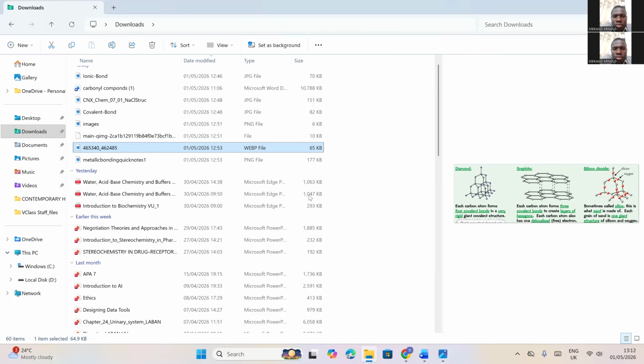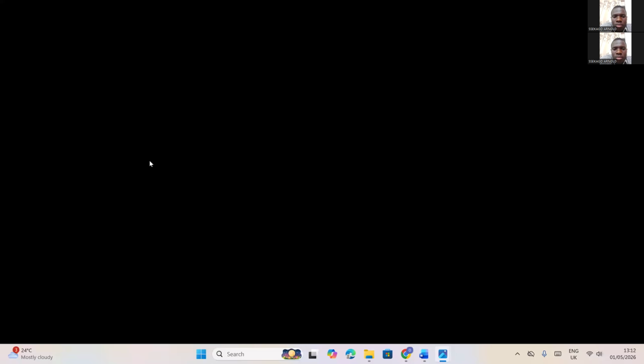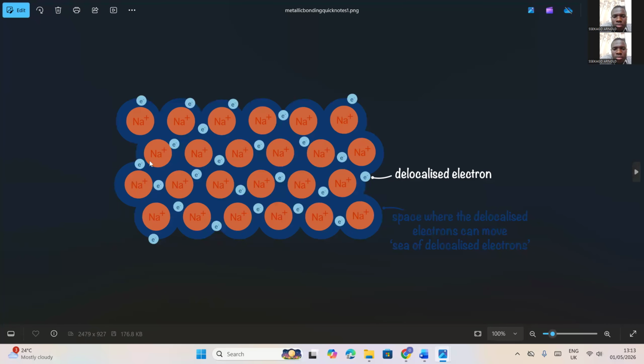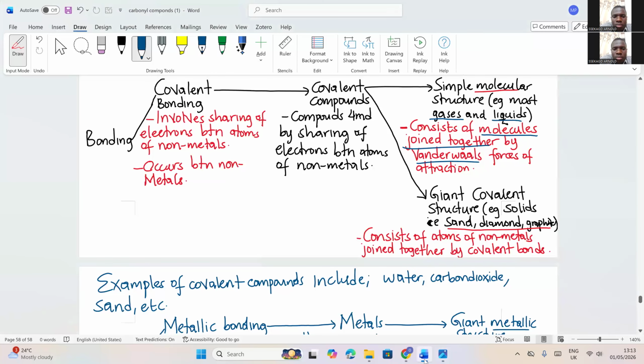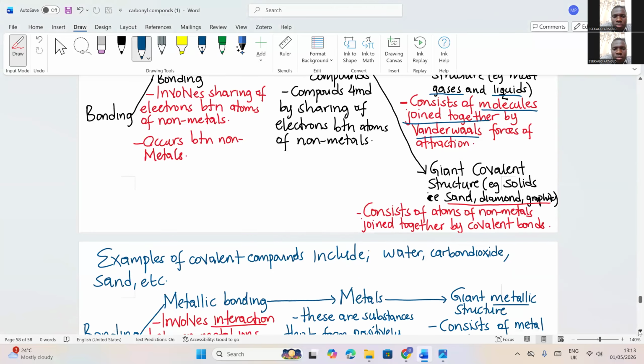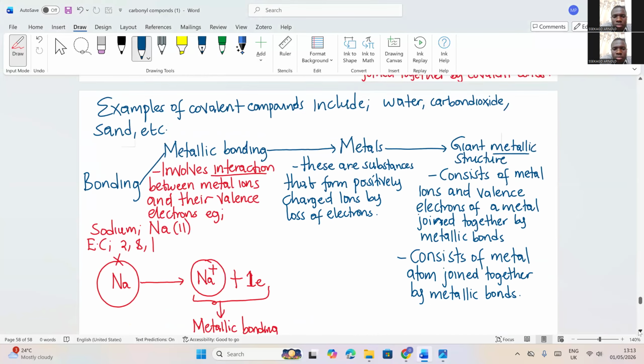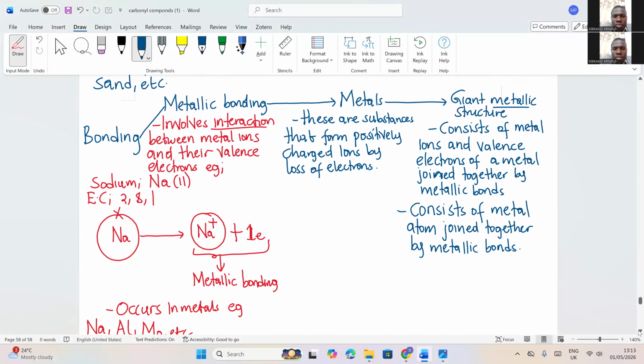Lastly, metallic bonding. Recall that; maybe I remind you a little bit. Metallic bonding involves interaction between metal ions and their valence electrons.